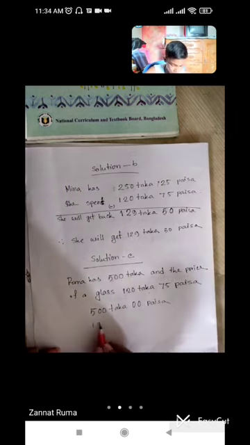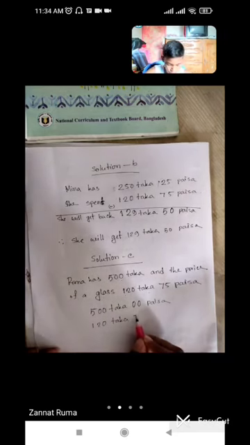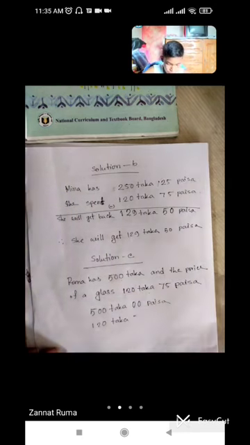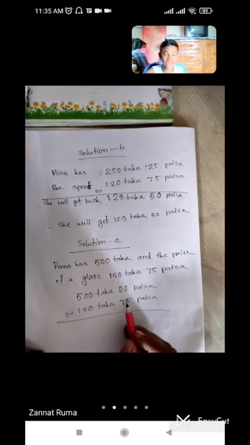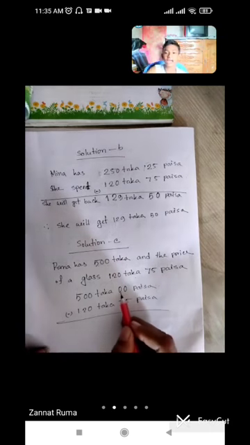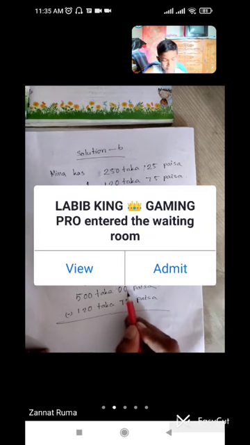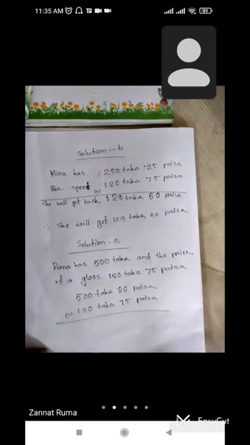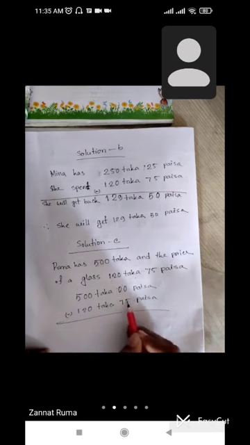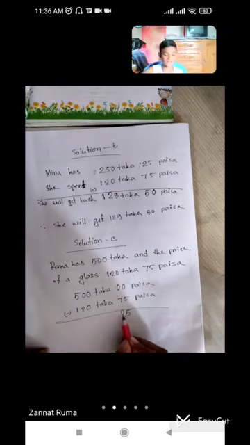Now the price of a glass, 120 taka and 75 paisa. Okay, we have 00 paisa. If we borrow one, then there will be 100 paisa. If we subtract 75 paisa from 100 paisa, then there will be 25 paisa.